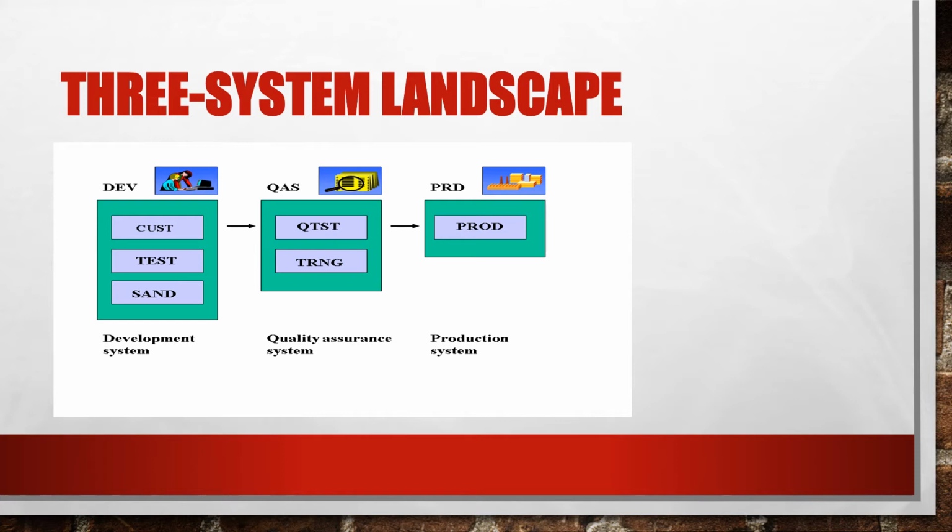The changes to all customizing and repository objects in the customizing client are done here. When you release a corresponding change request, they are transported into the quality assurance system.